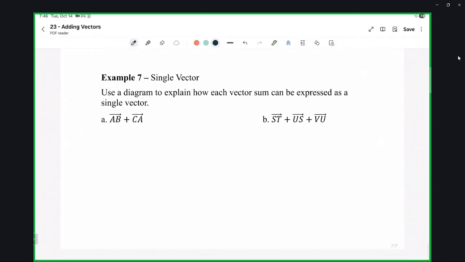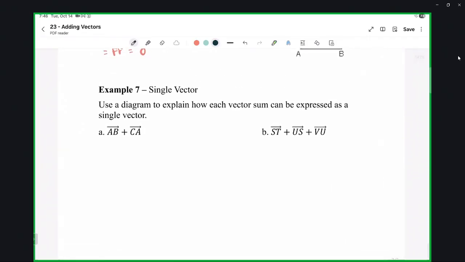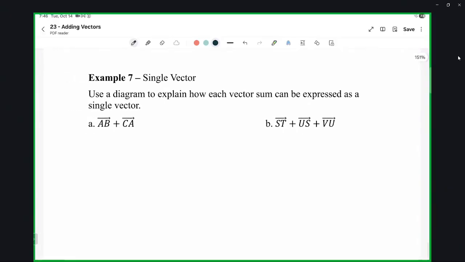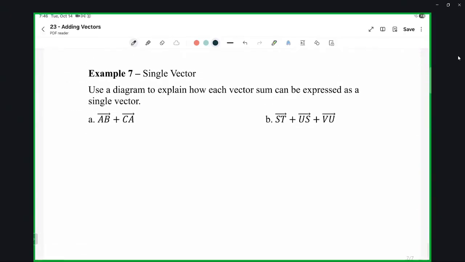Okay, so we're going to use a diagram to explain how each vector can be expressed as a single vector. So perhaps I should be a bit more clear with this. Here's point A, and there's point B, and then we have a vector CA.